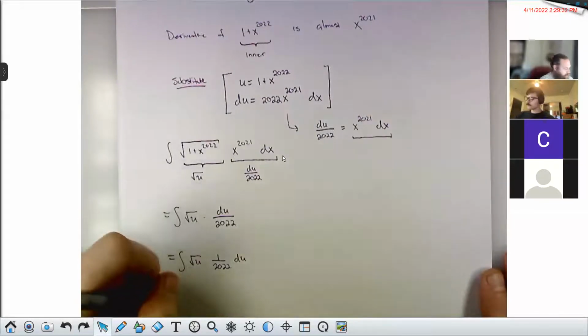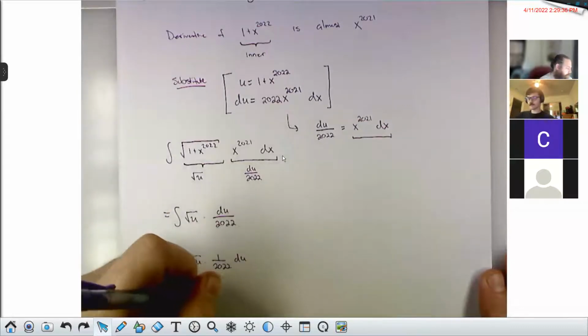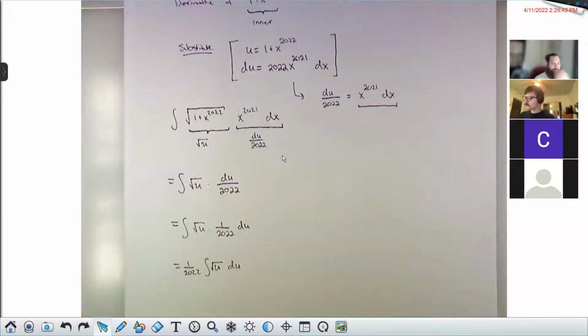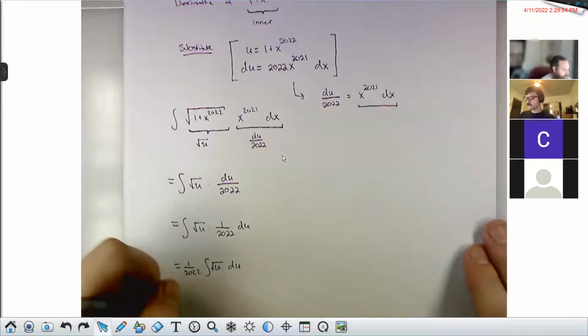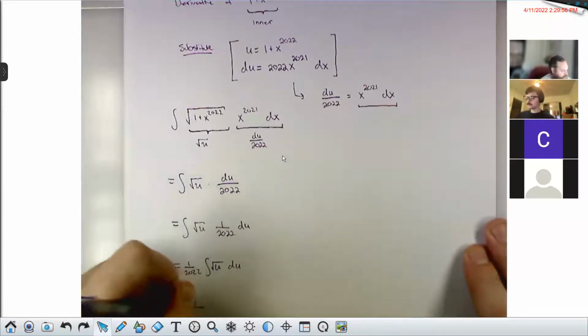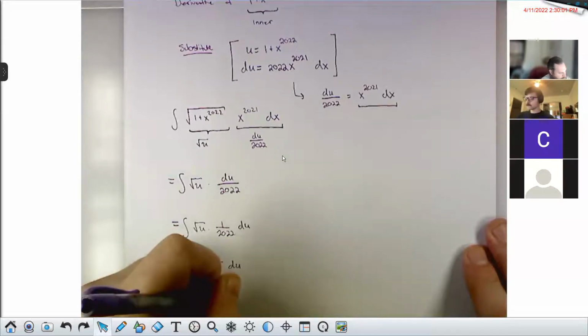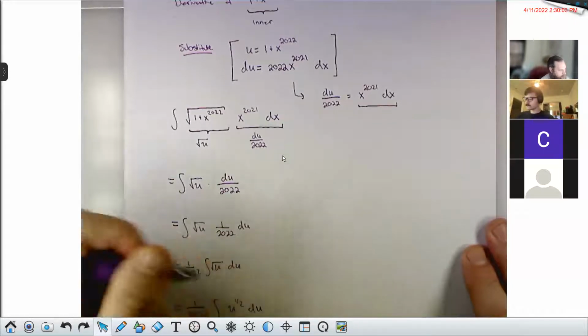And I can, just like the 1 over pi, I can pop out the 1 over 2022. And I get the integral of square root of u du. So that's 1 over 2022 times the integral of u to the 1/2 du.